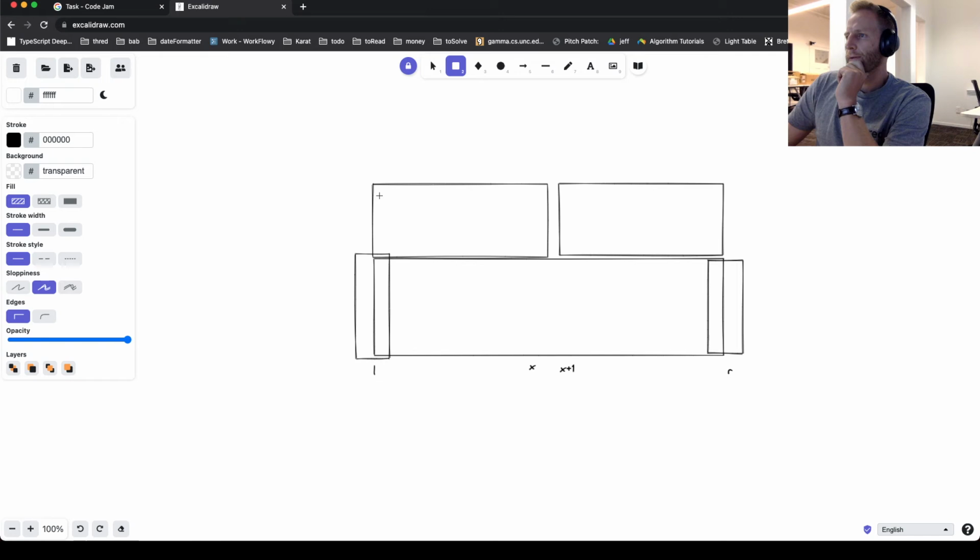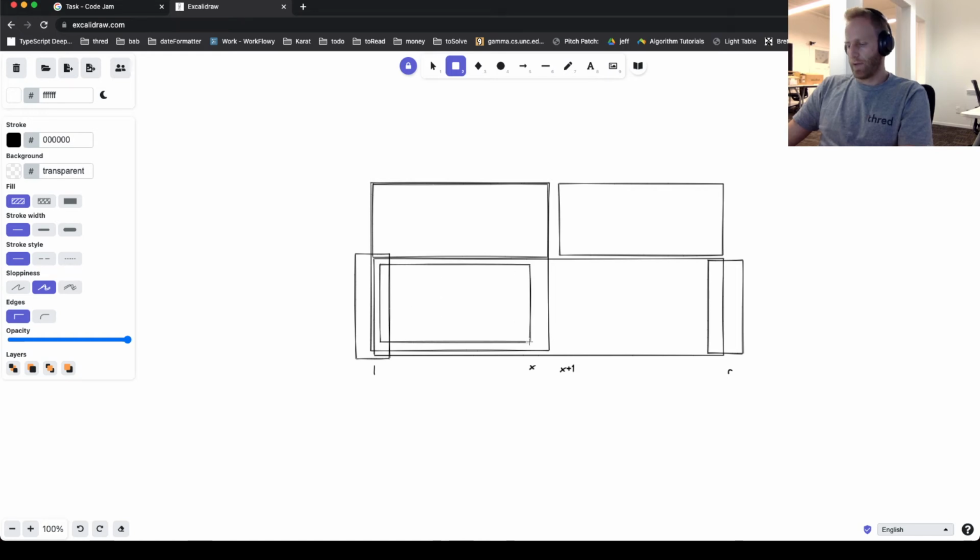And then recursively, we can solve this area. So that would just be looking at it as if we only had exercises from L to X, but actually we've already counted this, so we don't want this bit here.